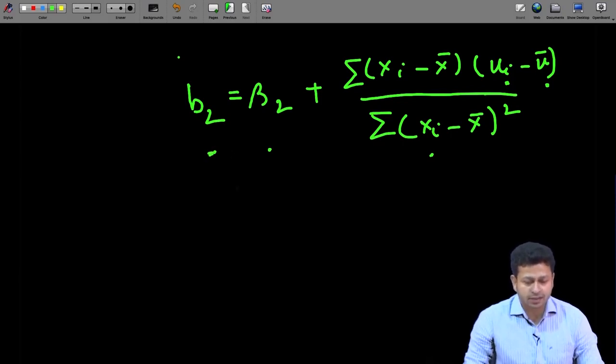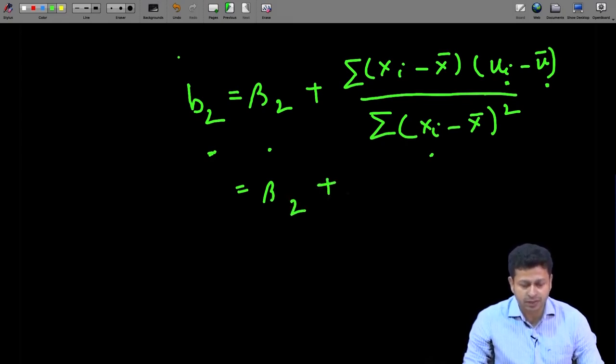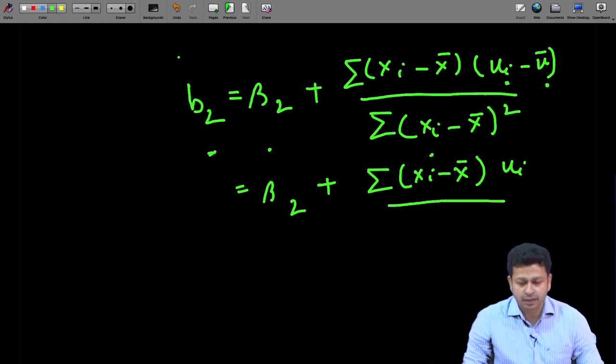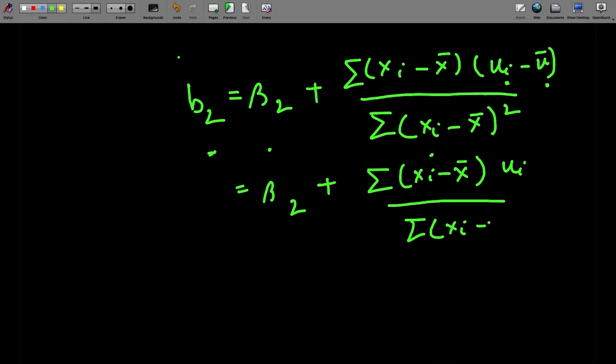Now, if I further simplify, I am not going to show you the full proof. You can find this proof in Christopher Dougherty's textbook, chapter 3. It is actually going to be summation of (xi minus x bar) into ui by summation of (xi minus x bar) whole square, all right.